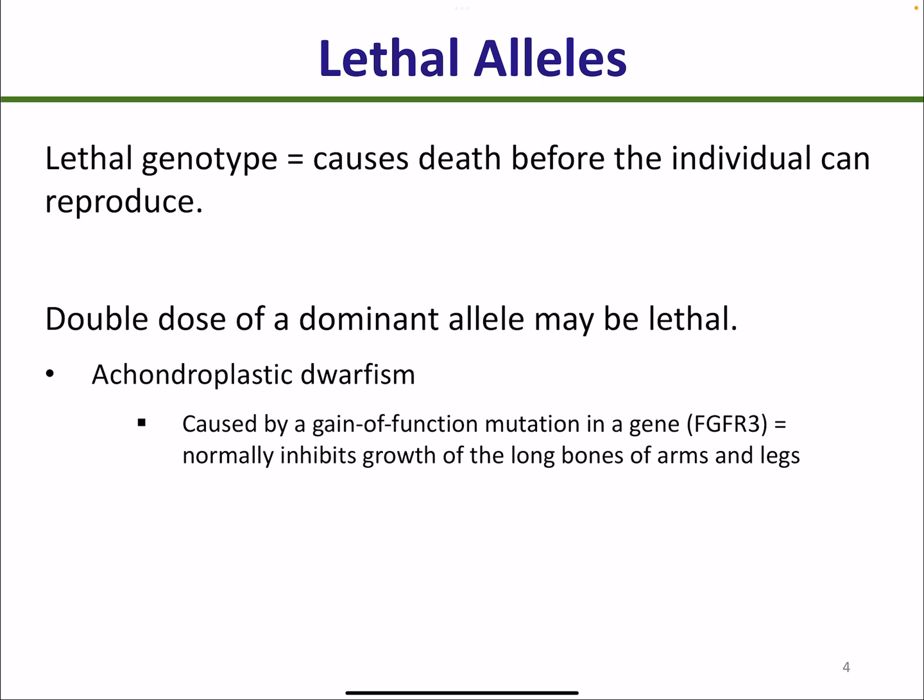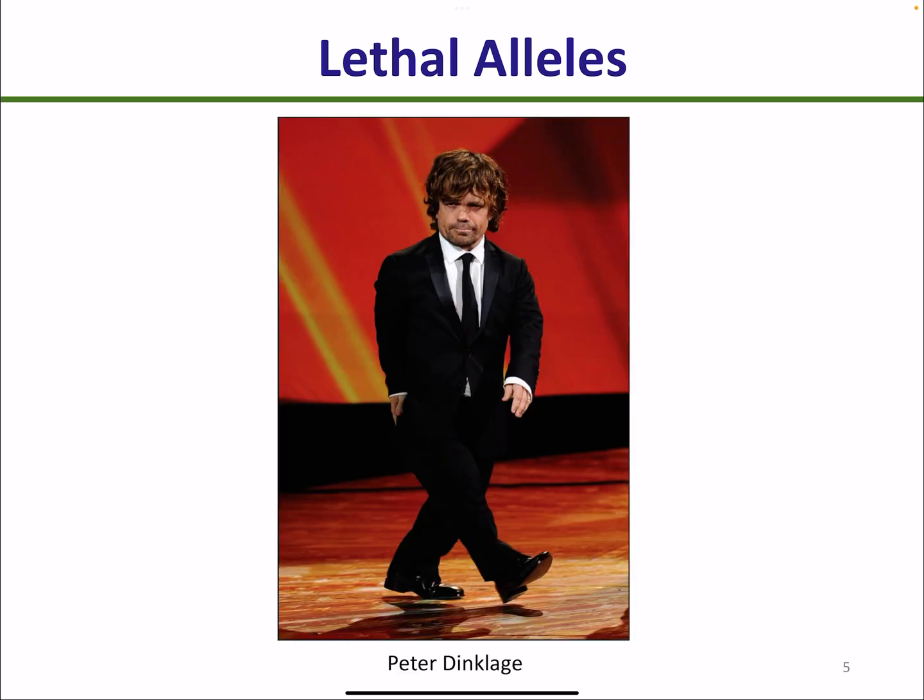Okay, so FGFR3 actually causes inhibition of growth in long bones, both in the lower limbs and in the upper limbs, right? By causing inhibition in the growth of long bones, the individual ends up shorter than normal, right? That's what we call dwarfism, okay?